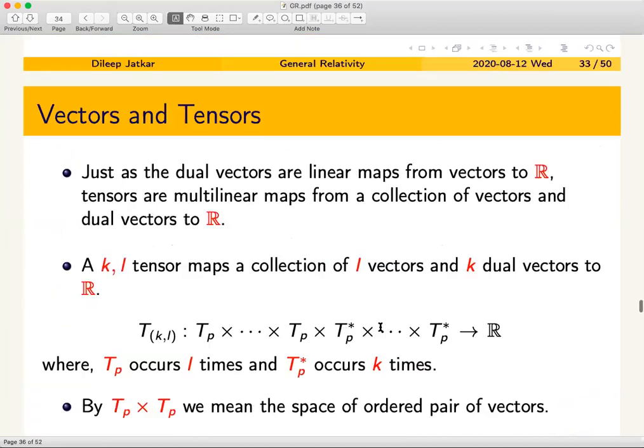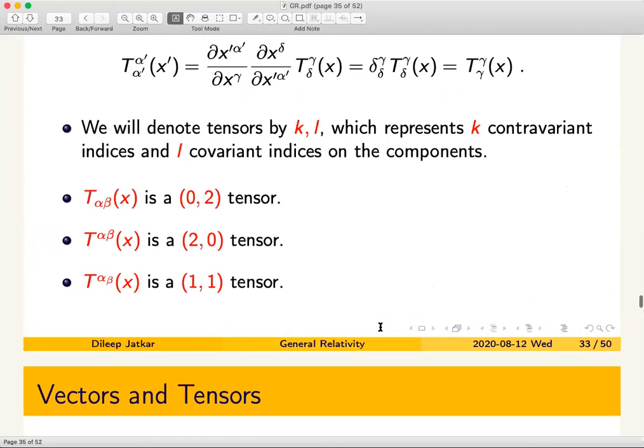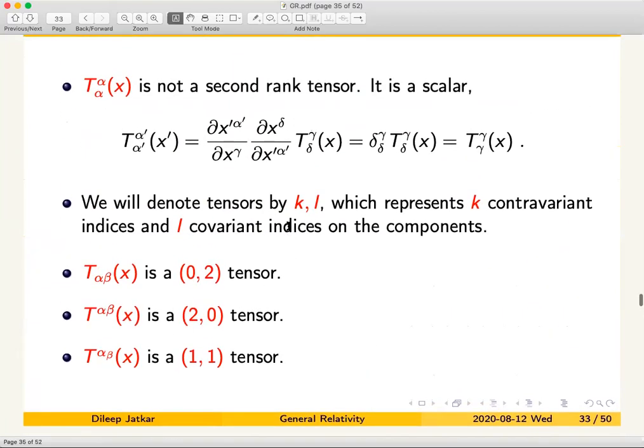Fine. So this relation always goes opposite. I'll put the (K, L) in parentheses so it is consistent with writing (0,2) with a bracket. But remember that K is the number of contravariant indices on the tensor, so that is the number of covariant vectors you would need, but the covariant vectors are dual vectors.